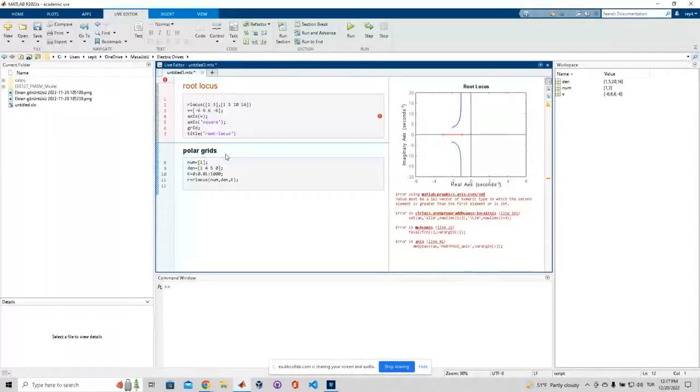Okay. So now you can plot your root locus function for polar grids. Inside, we define our root locus as R. All right.